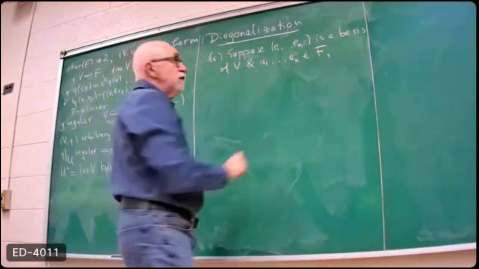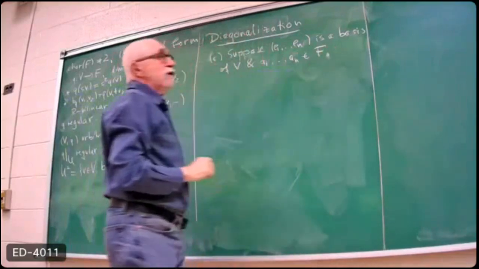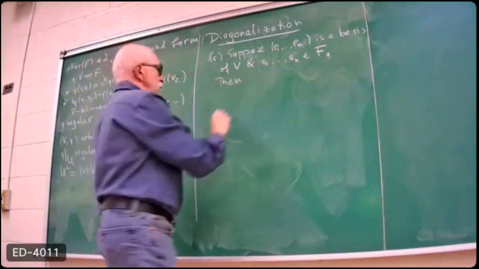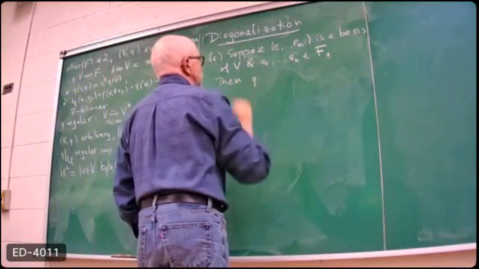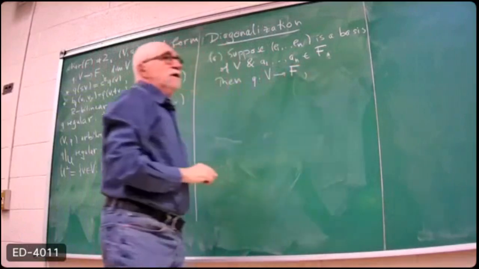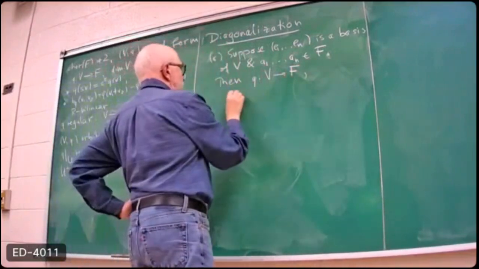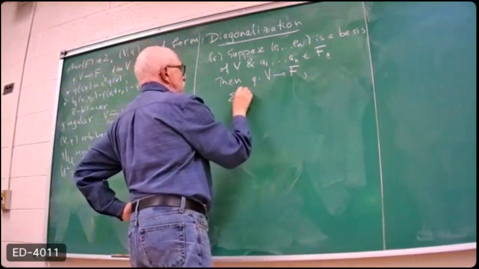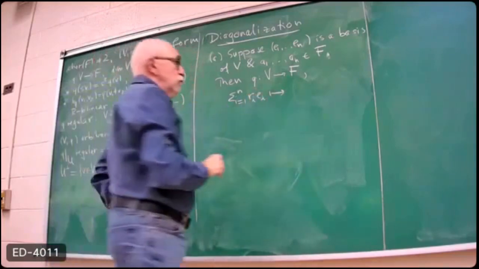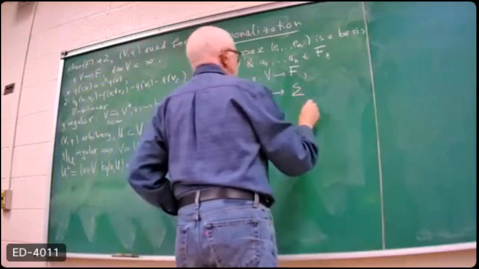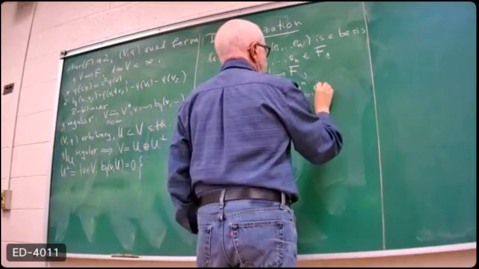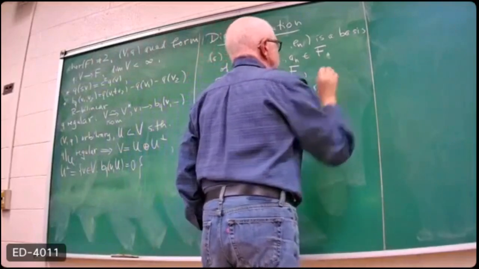Well, then you can define a quadratic form on V. Then Q from V to F takes a vector, the summation over i from 1 to n of r_i e_i, to the sum over i of r_i squared a_i.